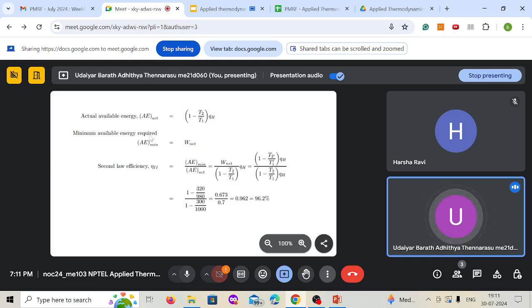The minimum available energy required is the net work which we can get using a reversible engine with a 20 degrees temperature difference. From there, you find the second law efficiency as the ratio of the actual work to the available energy you can get.